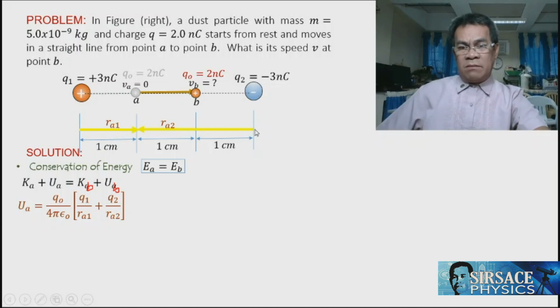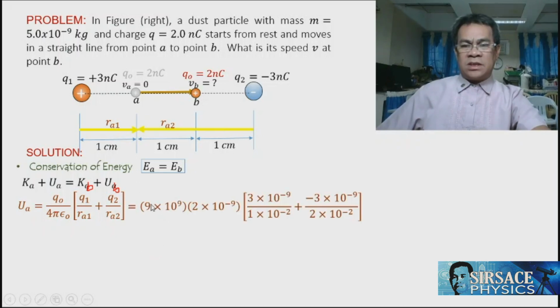The RA2 is coming from here towards this point. Then substitute: this is the constant, this is the moving charge, and this is your charge 1 over RA1. RA1 is 1 cm, but again convert 1 cm to meters. It should be 10 raised to negative 2 because centi means 1/100.